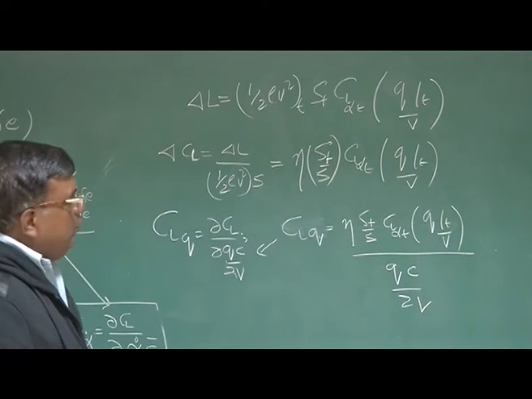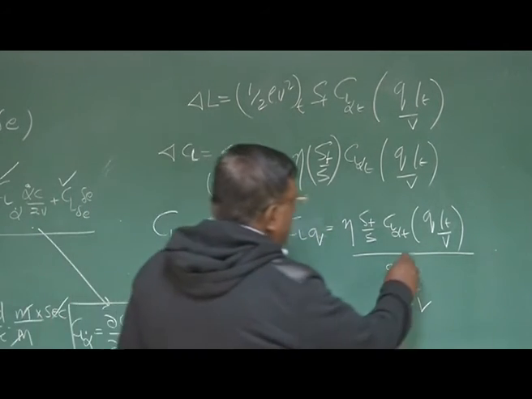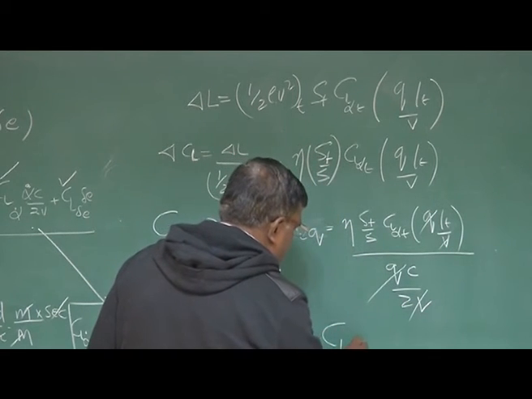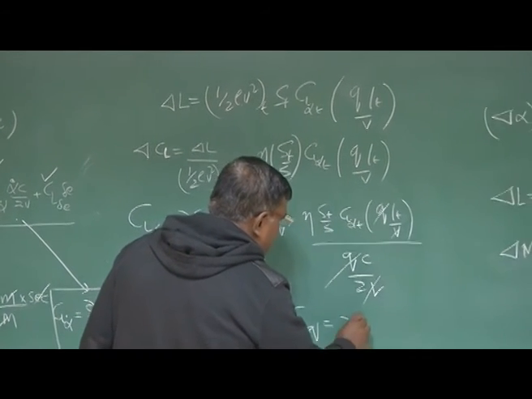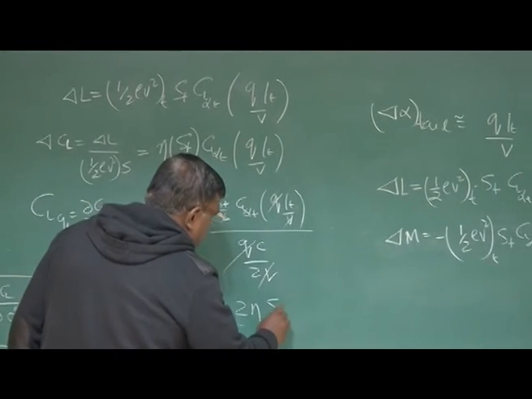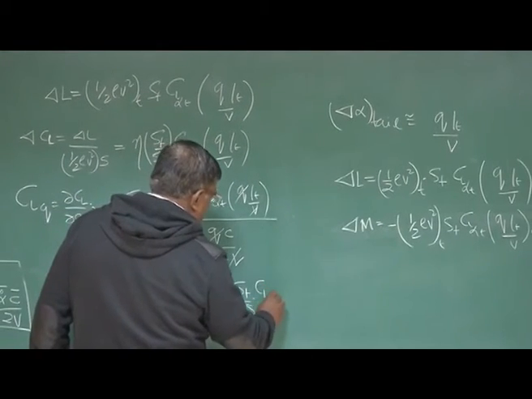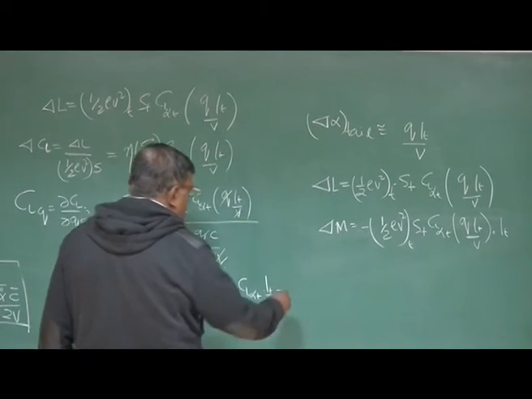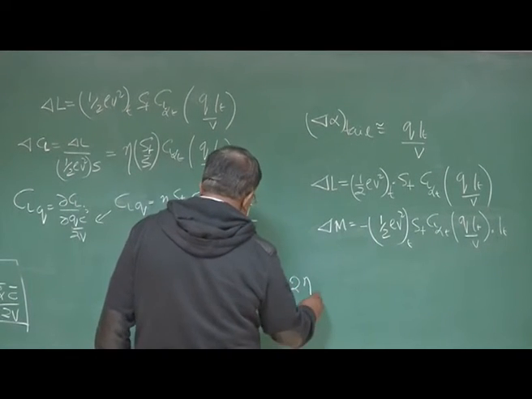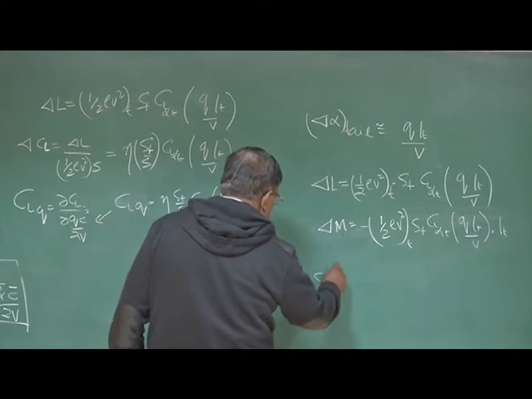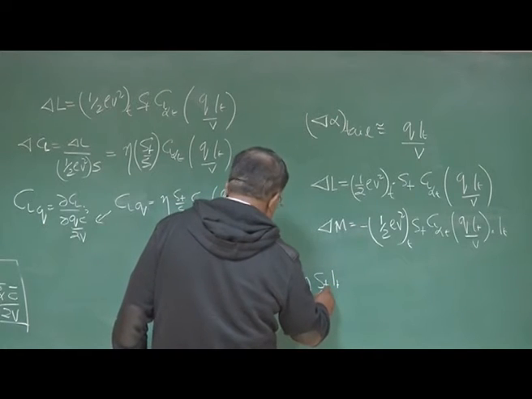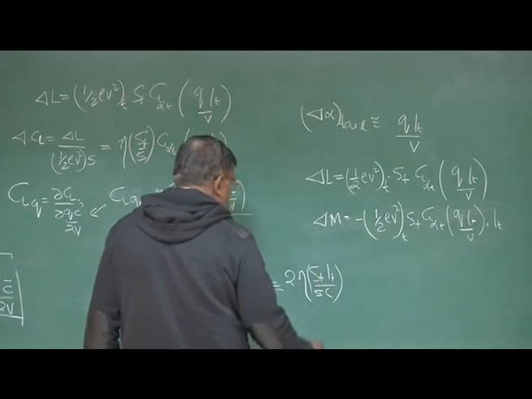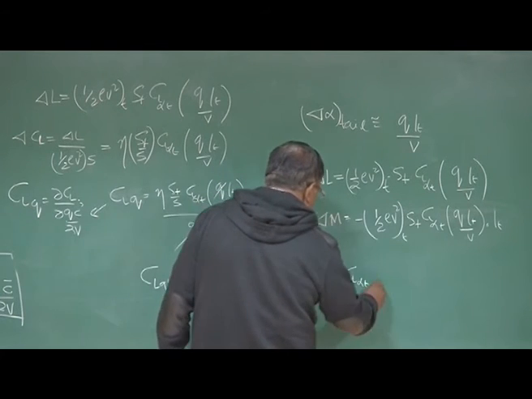Once I put this, Q and V go off. So I have the expression for CLQ as 2 eta ST by S CL alpha tail LT by C, and by now you are expert, you know the way to write this, ST LT by SC into CL alpha tail, correct?